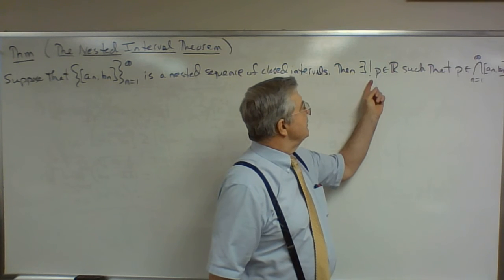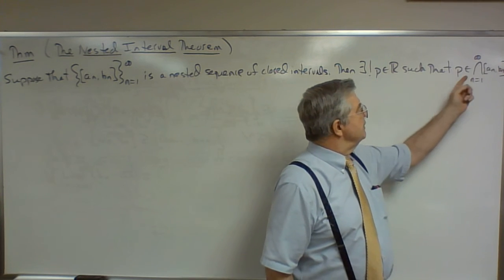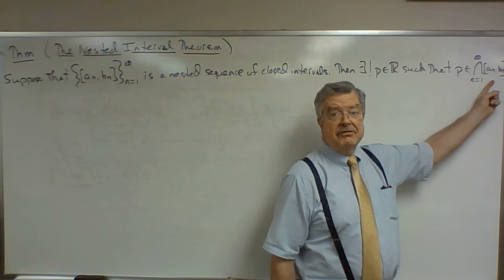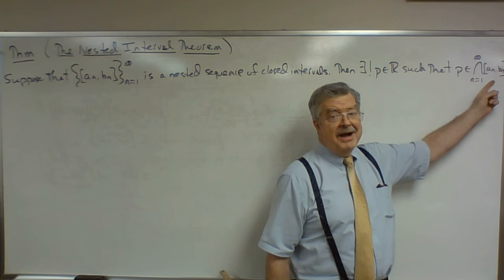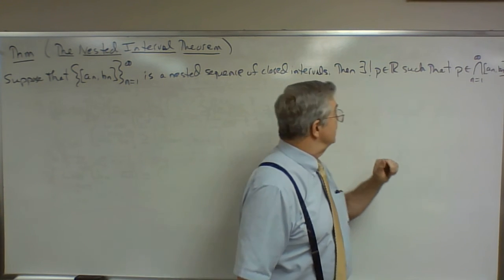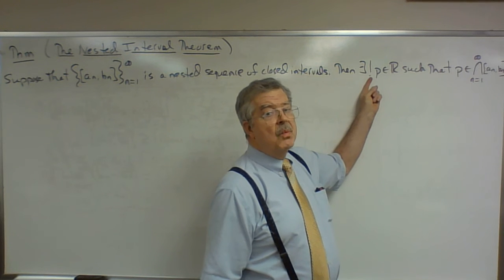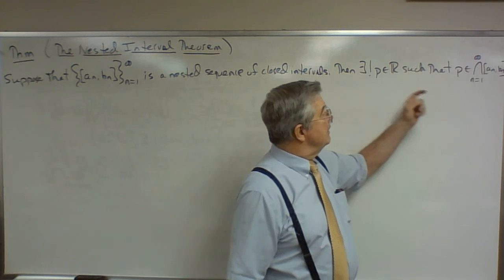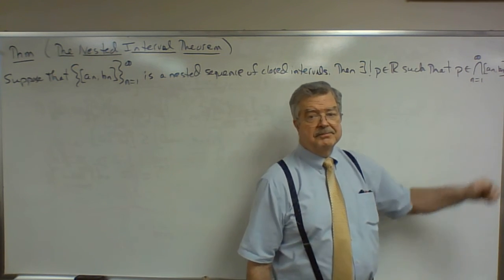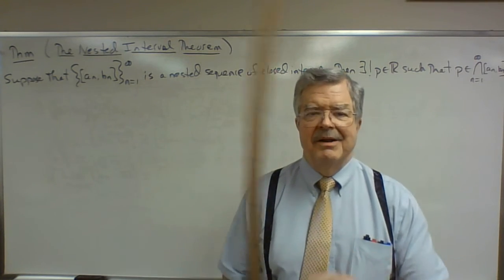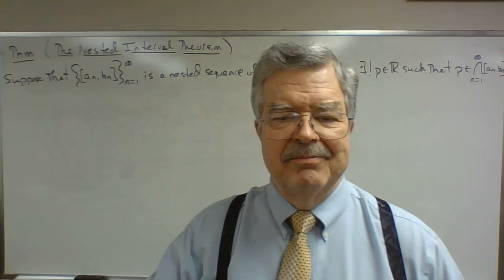So let's see. First of all, there exists a real number p that's in this intersection. So the intersection is not empty. Secondly, there's exactly 1 real number that's in this intersection. Now we get to prove it.